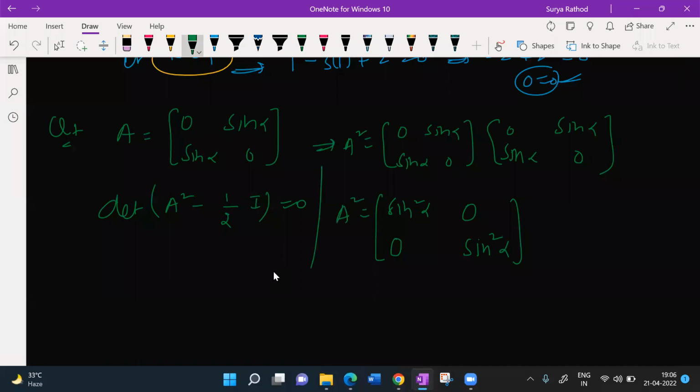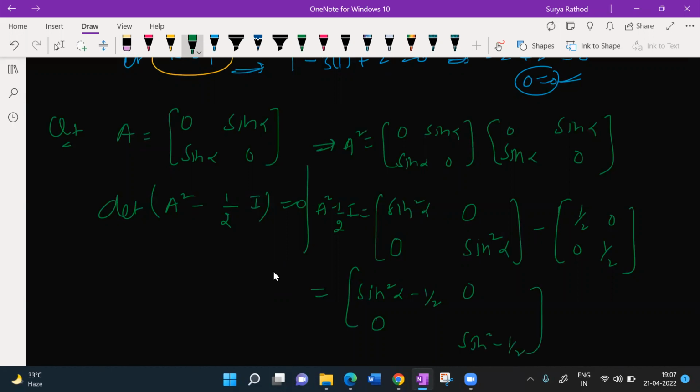Now, A square minus half of I: half of I is nothing but half, 0, 0, half. So A square minus half I is sin square alpha minus half, 0, 0, sin square alpha minus half. Correct?